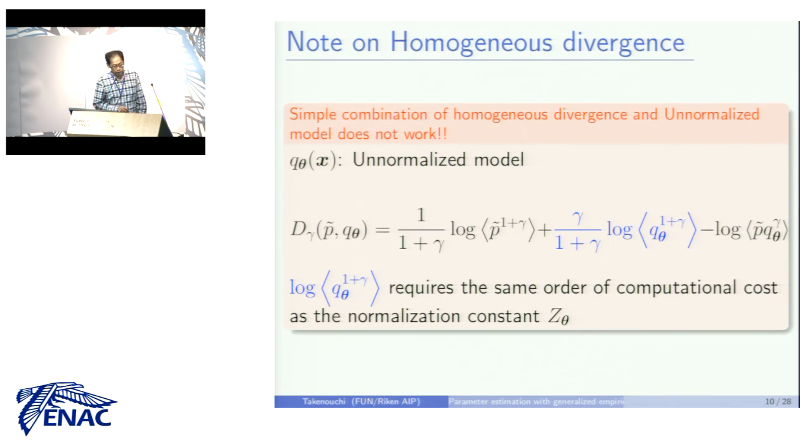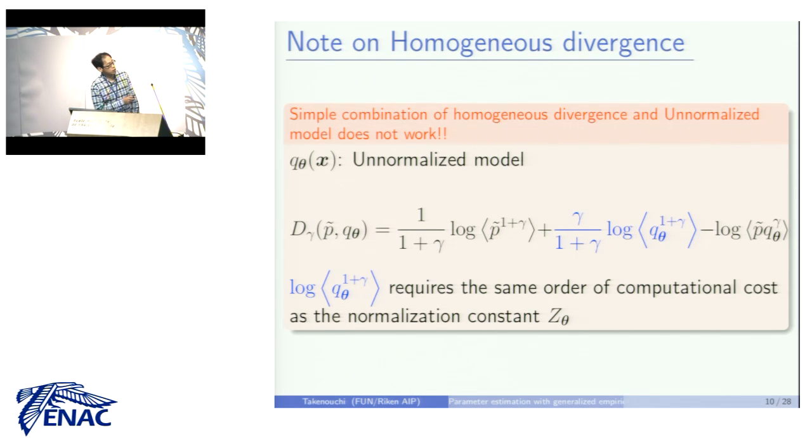So actually, this kind of simple combination of the homogeneous divergence and an unnormalized model does not work. This is a simple note on the homogeneous divergence. For example, Q is an unnormalized model, and let us consider the homogeneous divergence between the empirical distribution and the unnormalized model.